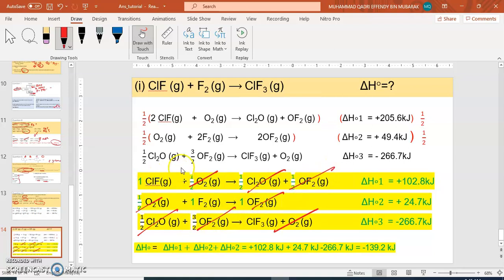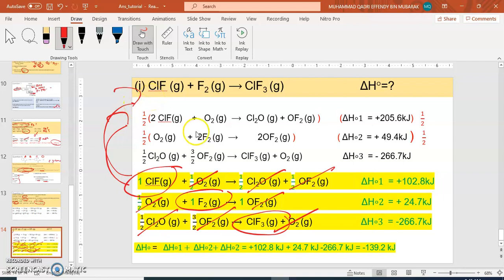And then for our last equation, we have 1 mole of ClF, 1 mole of fluorine gas, and 1 mole of chlorine trifluoride. So we already have everything, and it reflects our equation. So we can use all the values here to calculate the delta enthalpy for this reaction.